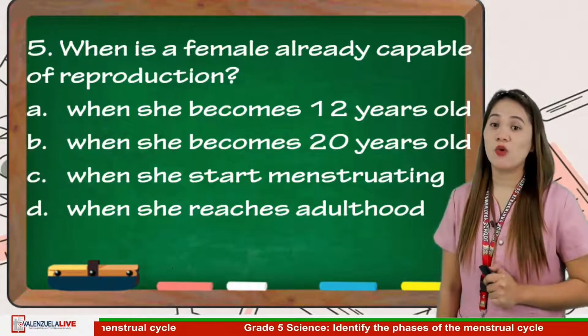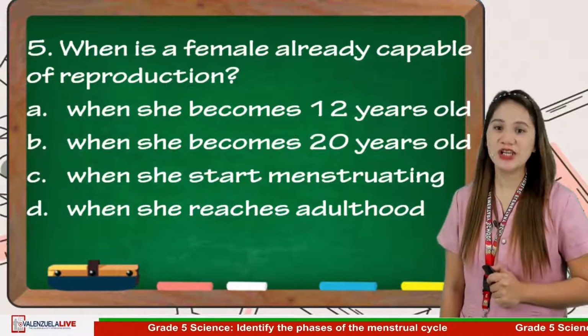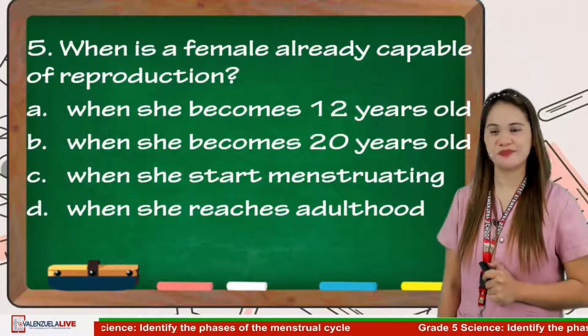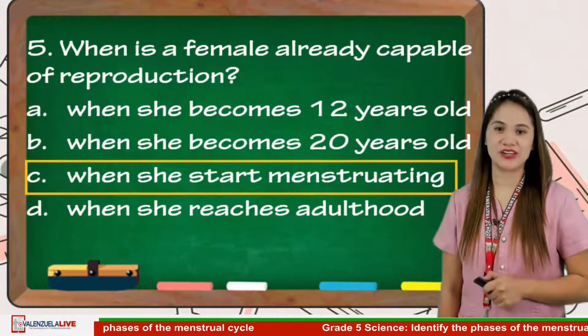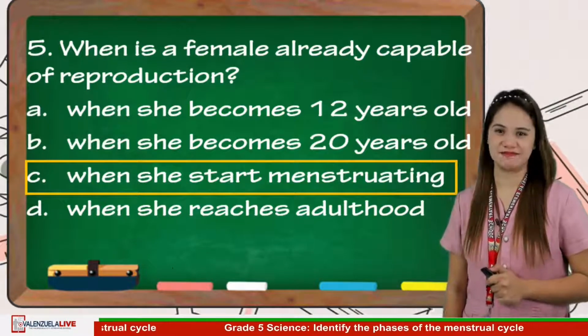Letter C, when she starts menstruating. Or letter D, when she reaches adulthood. What is the correct answer? The correct answer is when she starts menstruating.